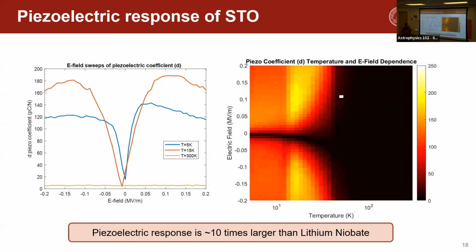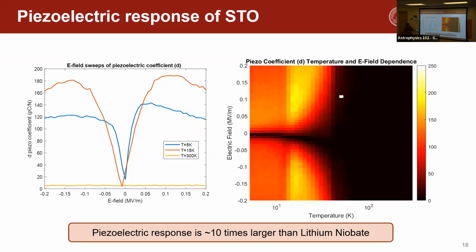Regardless, this is still a large piezoelectric response in this low temperature regime, and actually around 10 times larger than the thing. So this was actually quite exciting for us, and we started fabricating nanophotonic devices with this type of material.